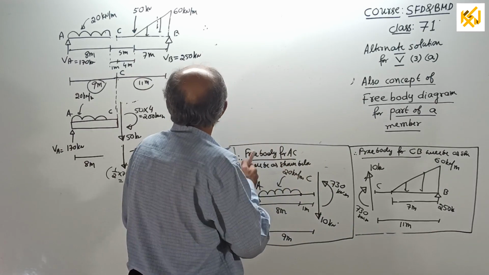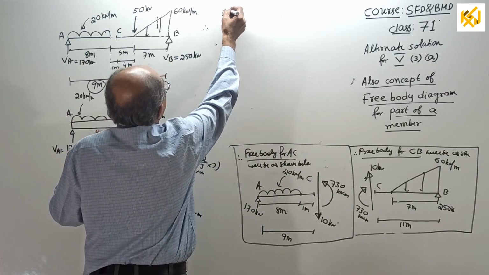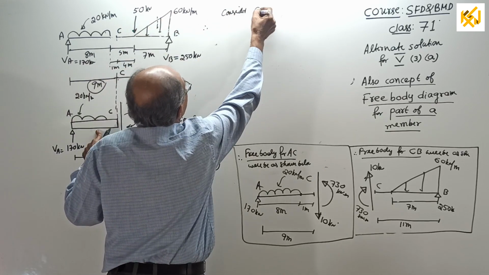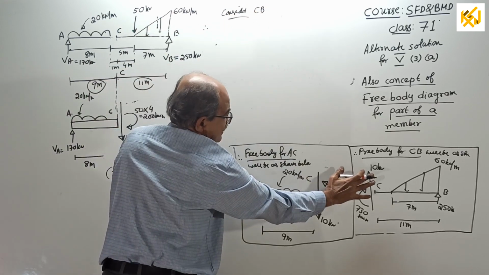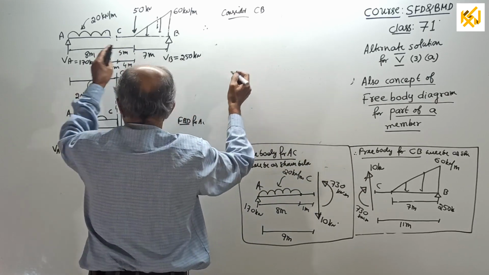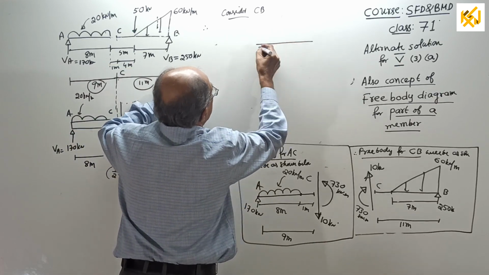Okay, start. Now, consider which portion? Consider CB portion. Don't see this answer. That is the last you will check now. See, when you write CB, I projected here, I will write here now. See, CB portion.